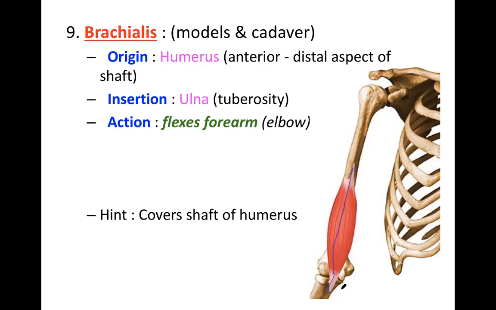But if you're simply doing a straight elbow flexion, you're going to be using your brachialis muscle. It's going to cover the distal anterior shaft of the humerus here. So that's the brachialis muscle.